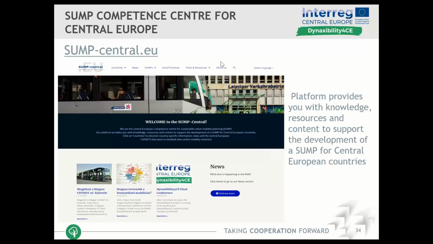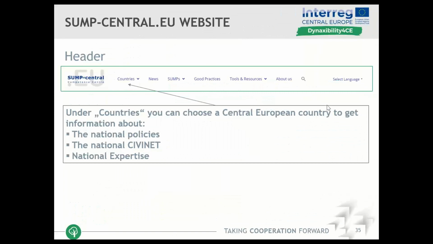So you can find the site at smp-central.eu. And we would invite you to browse through it. We're adding more and more content every day. You can find specific information on the different countries in the program area with the national policies, links to the national CiviNet and expertise catalog for each of the countries.